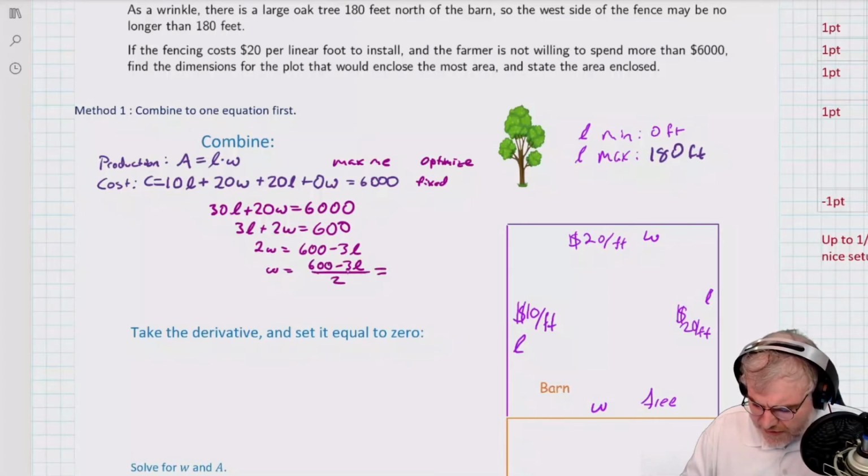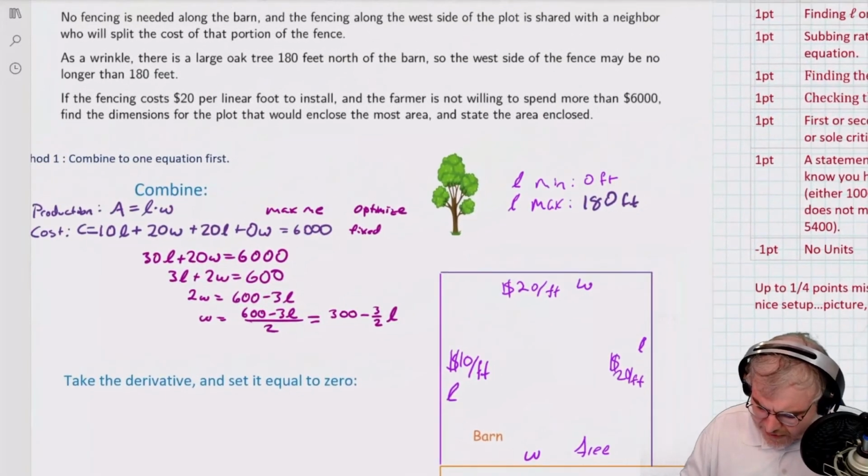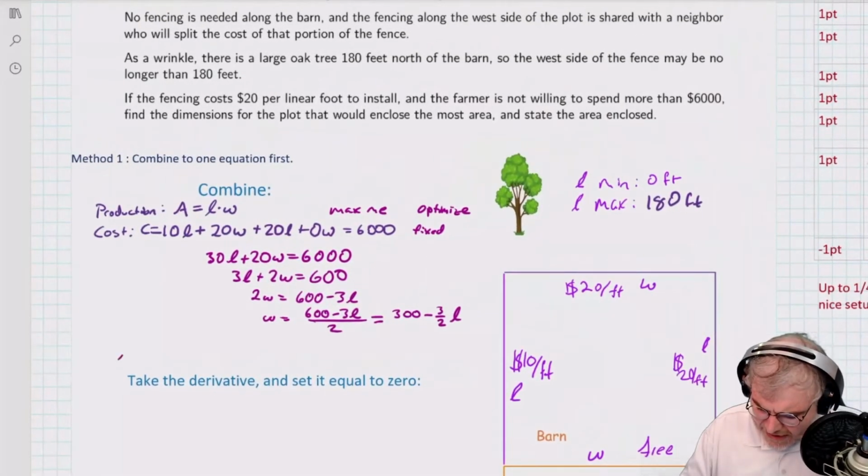Which is the same thing as 300 minus 3 halves L. Okay, so that's my W formula. And then I'm going to sub that in here. So A equals L times this thing, 300 minus 3 halves L.